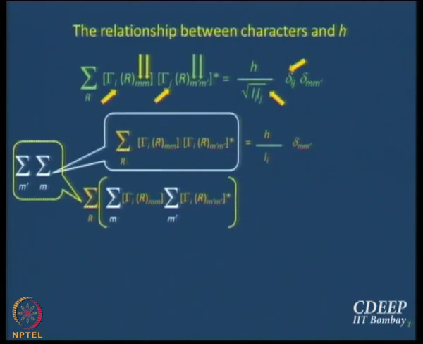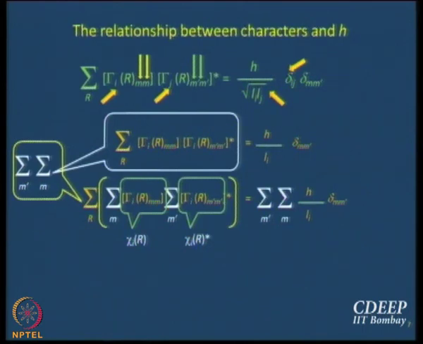Okay, now what is this first thing? Gamma i R mm. We have ensured that it is the character, right, but before that the right hand side also has to be summed over m and m dash, fine. So this is the character. What is the second one? That is also the character, it is just the complex conjugate of the character, fine.